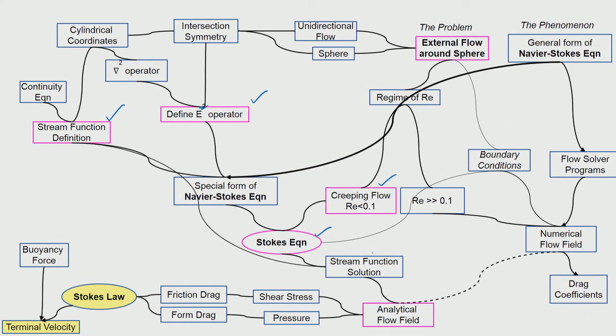And then from there we sought the solution of the stream function psi, and that gave us the velocity components Vr and V theta, and then from there we got the tau r theta and then the sigma r, then we got the pressure, from there we have got the forces, and from there we got the balance with respect to the weight of the solid, and then we got the Stokes law, and the velocity at which the forces are balancing, we actually are calling it as a terminal velocity u infinity very often, or in our problem it is just u.